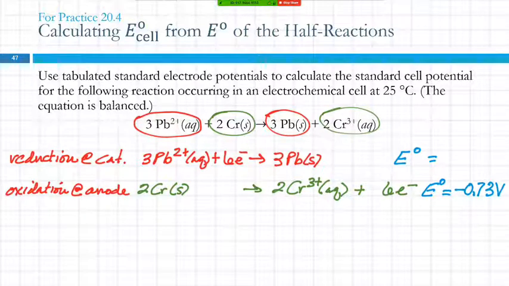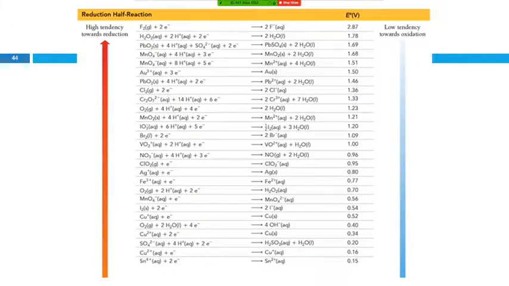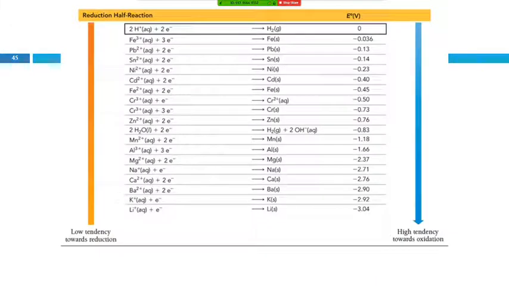And then we have lead and lead-2 ion. Sometimes you have to look around a little bit. And there are some that look very similar, and so you have to watch out. Like with the chromium, there's 2 of them that are chromium 3 here. But that one's going to chromium 2 ion, and this one's going to the element. So I want this lead plus 2 electrons going to Pb, and that says it's minus 0.13.